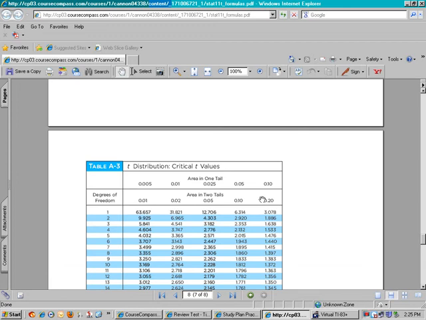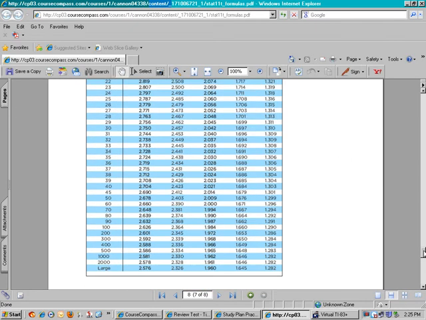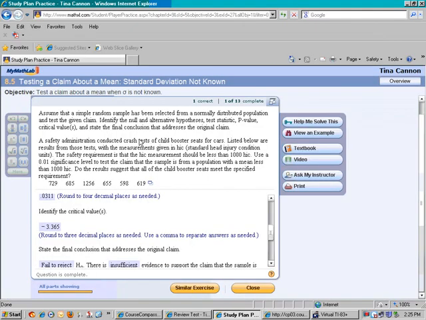That's when you'll use this row. If you have a greater than, you'll use this row with a positive critical value. If you have a less than, you'll use this row with a negative. So this is an example of a problem that we did in section 8.5.